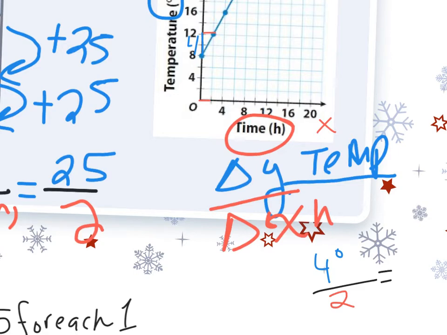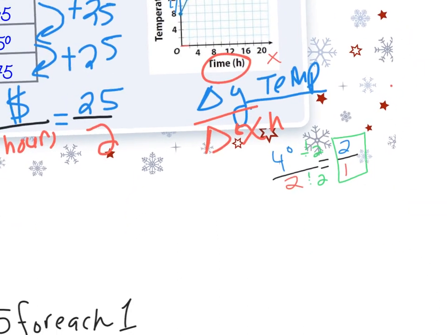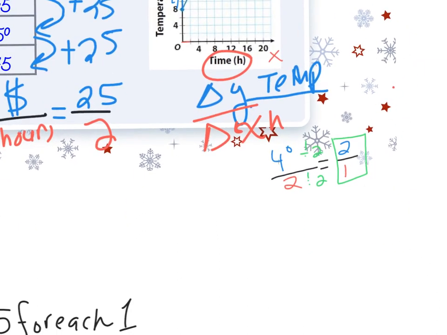And we can reduce each one by 2. 4 and 2 can reduce by 2, so that is 2 over 1. So for every 2 degrees, you are increasing by 1 hour. So we can write it 2 degrees, or 2 degrees Fahrenheit per 1 hour.